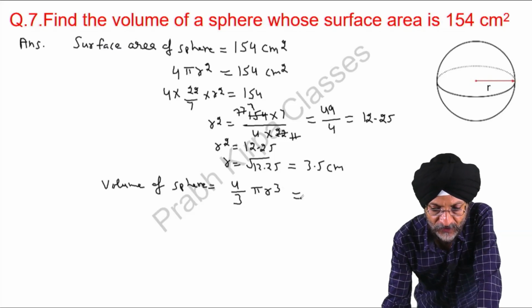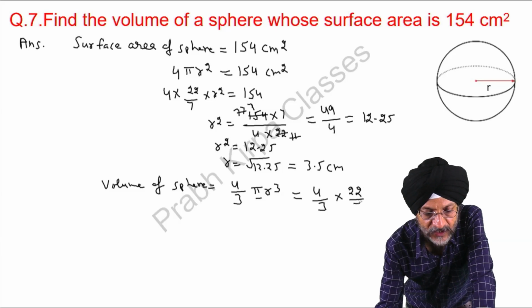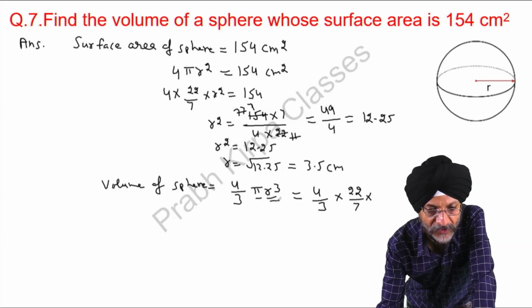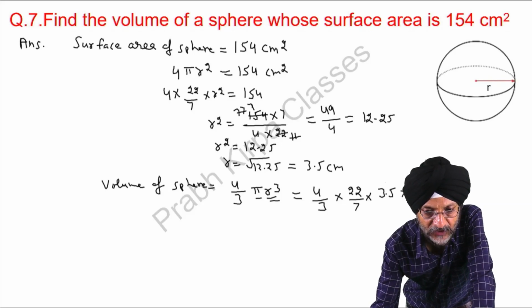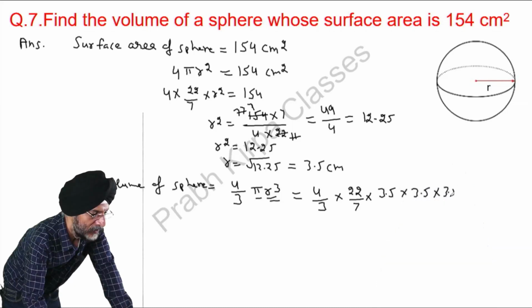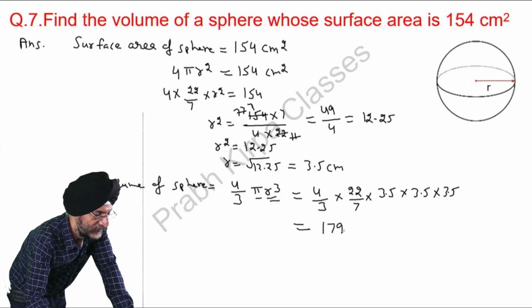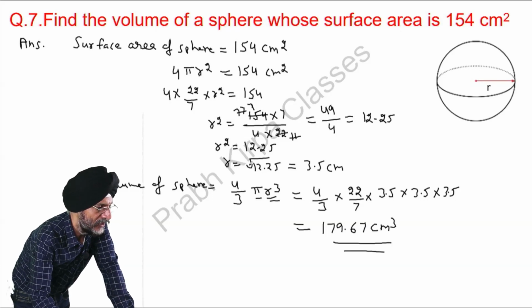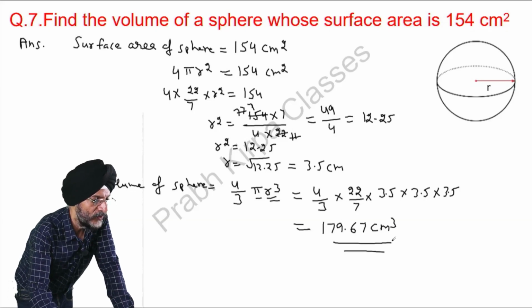So now we will use the values: 4 over 3, what is the value of pi? It is 22 over 7. Now here what is r cube? What is the value of r? It is 3.5. We will write it 3 times. Now when we solve it, it will come as 179.67 cubic centimeter. Now this is the answer. Volume of the sphere is equal to 179.67 cubic centimeter.